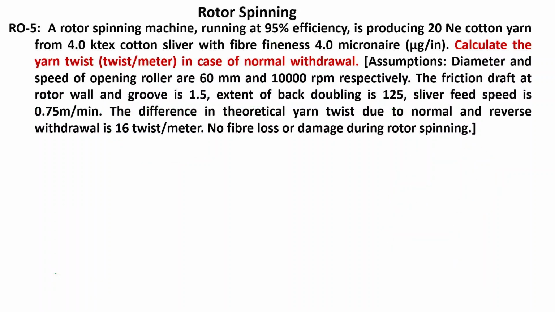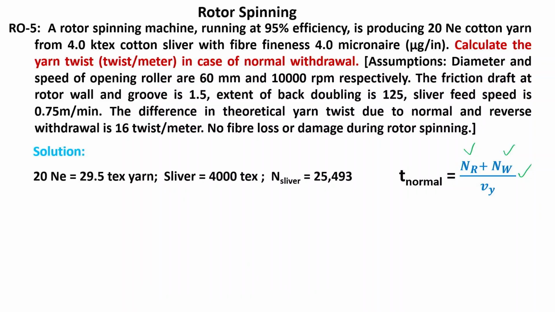Now, let us see this numerical. So, T normal is NR plus NW by Vy. Nothing is given directly. So, 20 NE yarn means 29.5 tex, sliver tex is given 4000 tex, and the number of fibers in the sliver, N sliver, is 25,499.